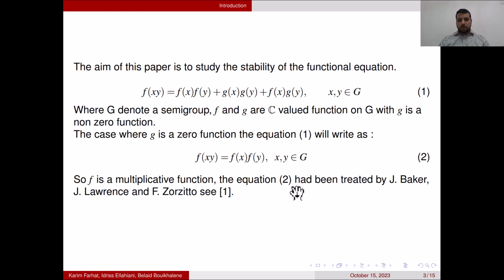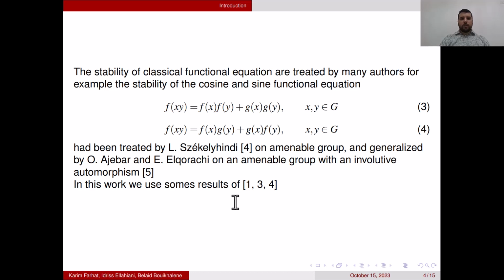Equation (2) has been treated by J. Baker, J. Lawrence and F. Zorzitto. See reference 1 for more detail. The stability of classical functional equations has been treated by many authors.